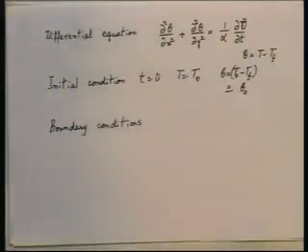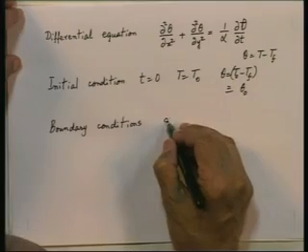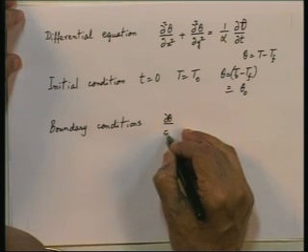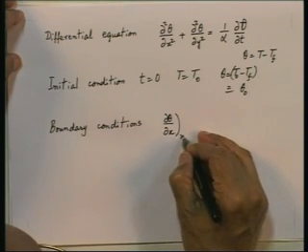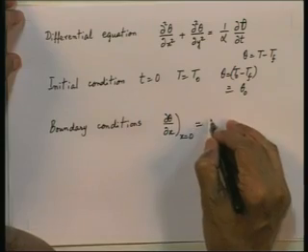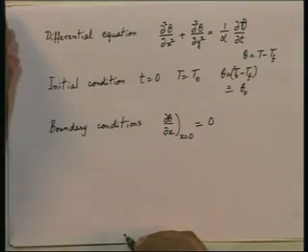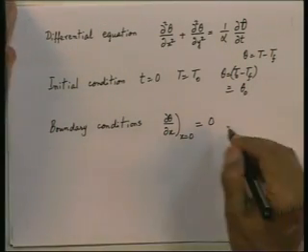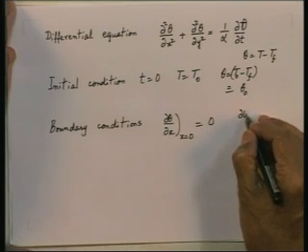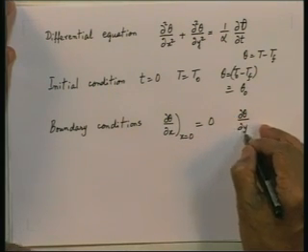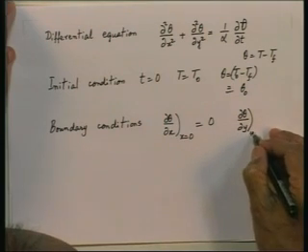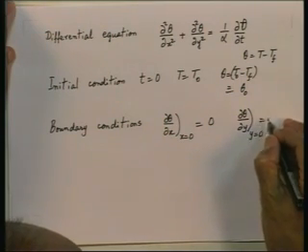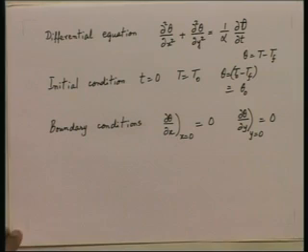And what will they be? The boundary conditions would be at x equal to 0, d theta dx has to be 0, symmetry requires that. D theta dy at y equal to 0 also must be equal to 0, symmetry requires that.